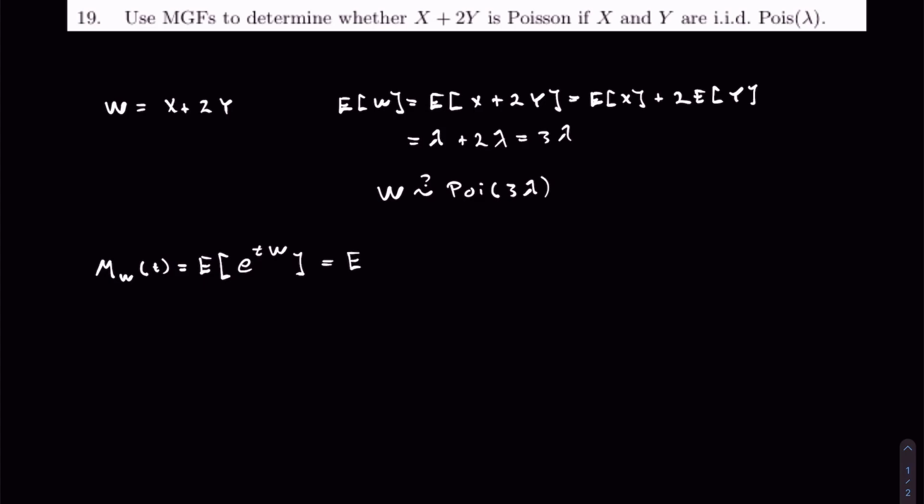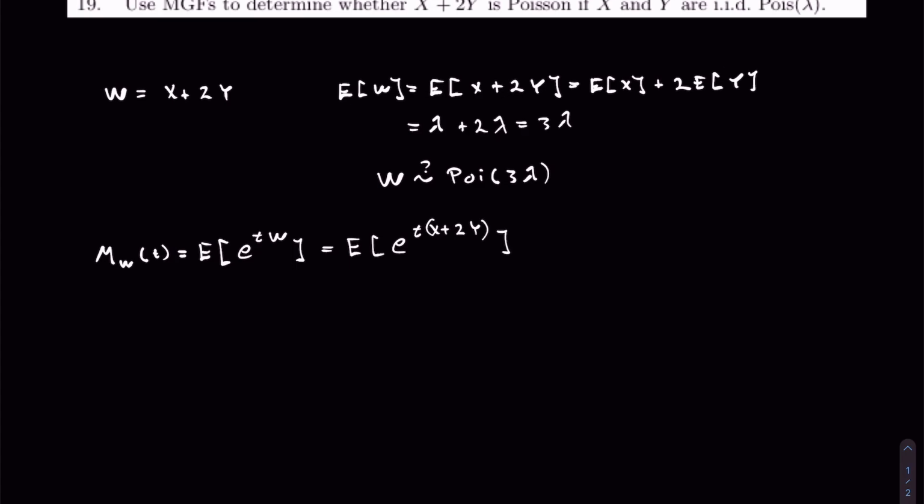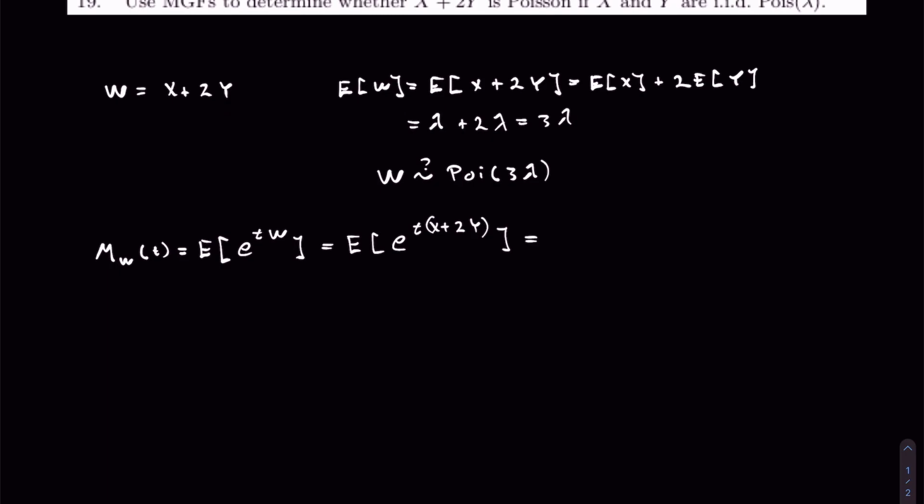Now we substitute in X plus 2Y and just use the rules of exponentials. So multiply that in, and then e to the t X times e to the 2t Y like this.